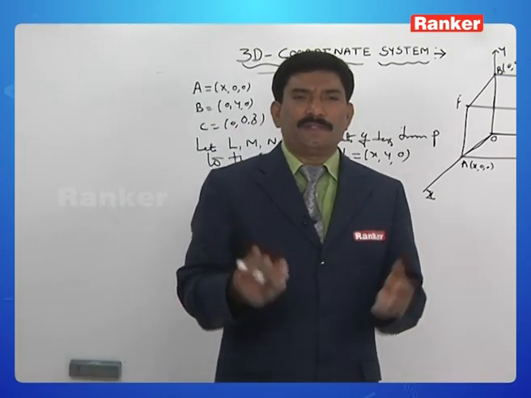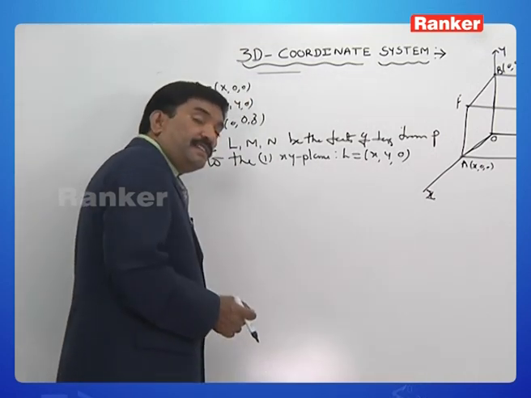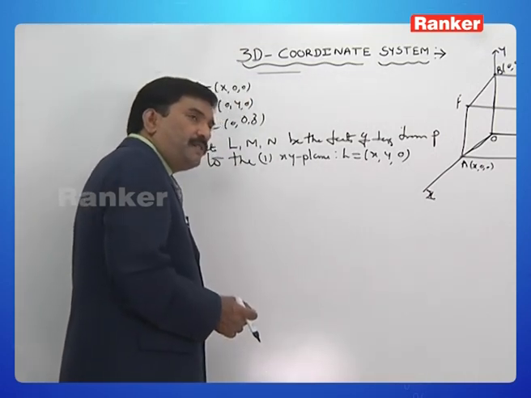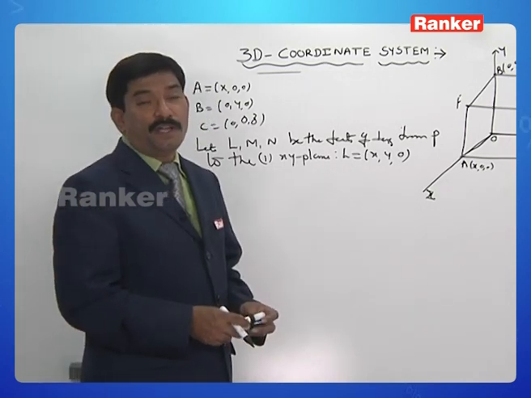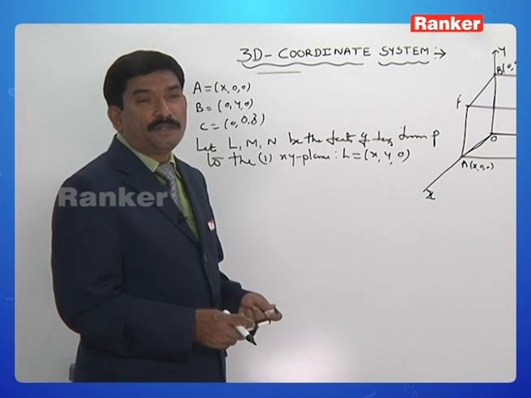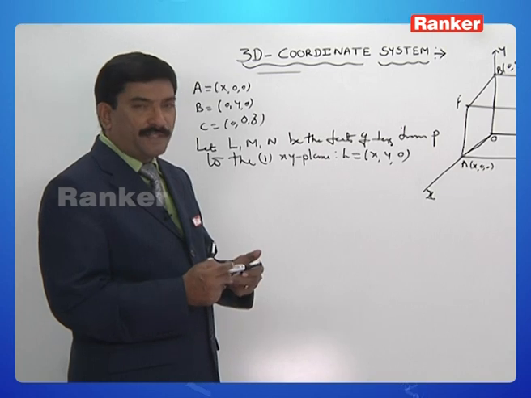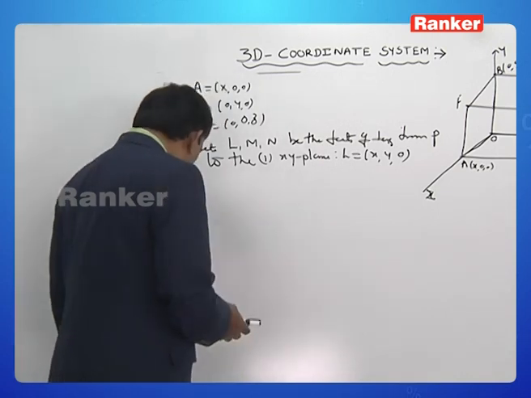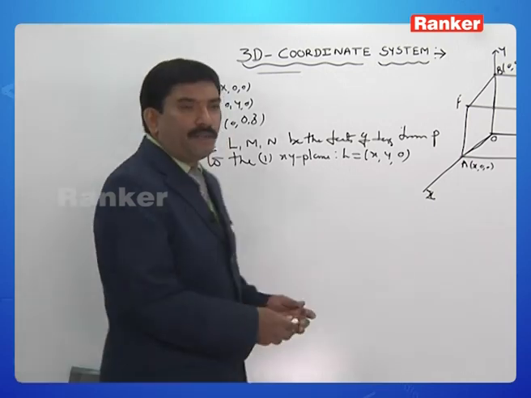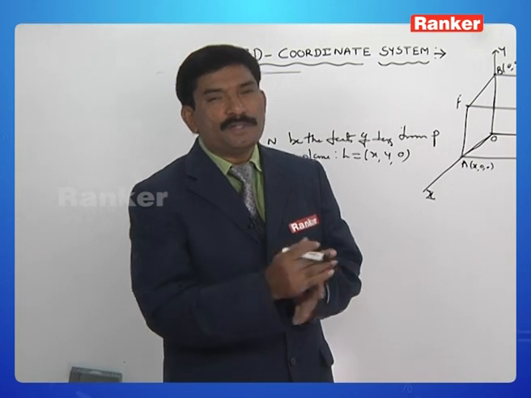When the point is on the x-axis, the y and z coordinates are equal to 0. When the point is on the y-axis, the x coordinate and z coordinate are equal to 0. Next, when the point is on the z-axis, x, y is equal to 0. So therefore, similarly, on the xy plane, the z coordinate is equal to 0.